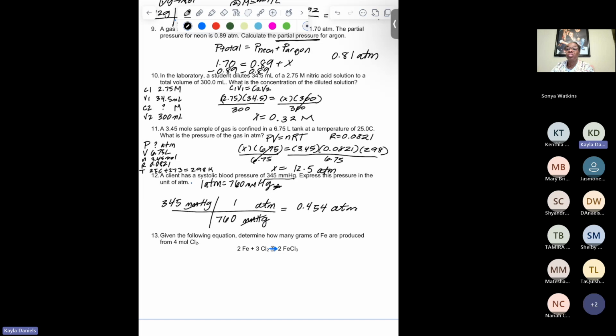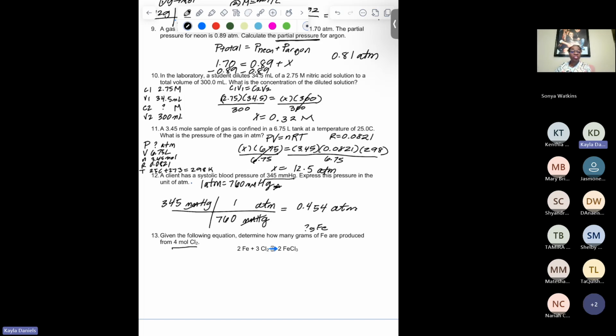It looks like I need to determine how many grams of iron are produced from 4 moles of chlorine. I'm switching units and substances, which is also a key to stoichiometry.